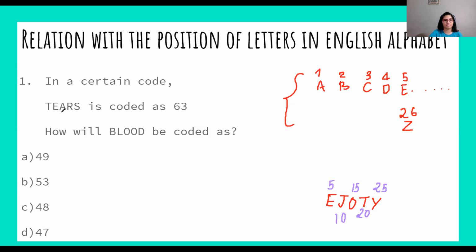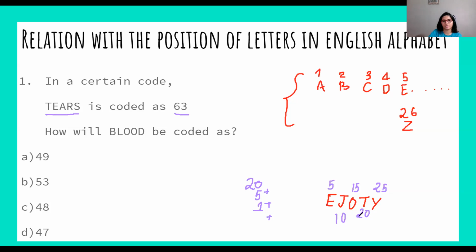Now coming to the example, here it is said that TEARS is coded as 63. So T is 20 and E is 5. We have then A. A is the first letter, 1. R will be 18.